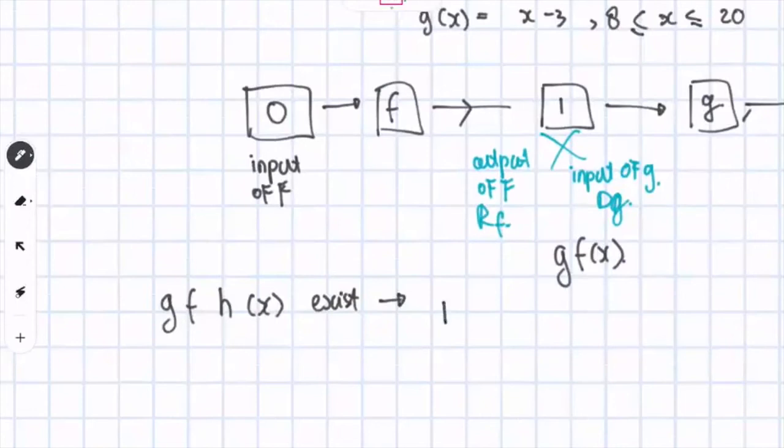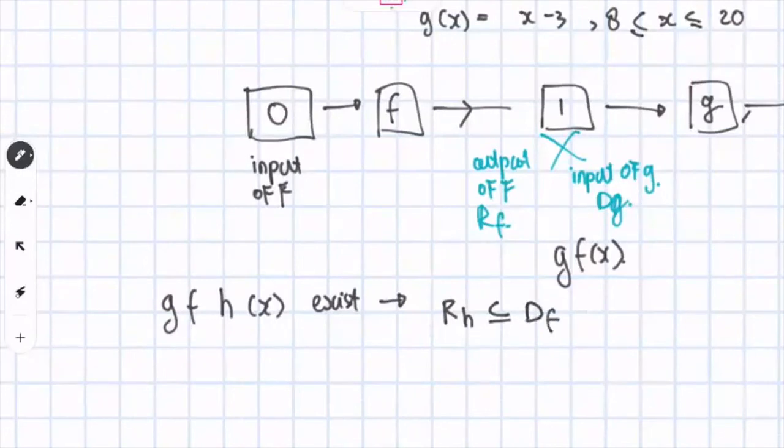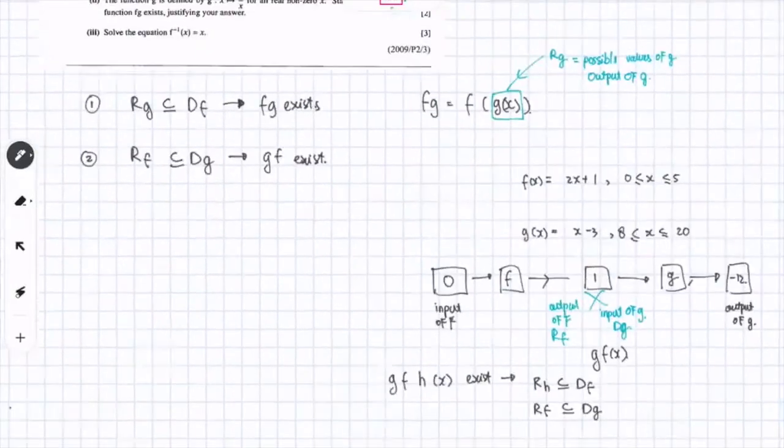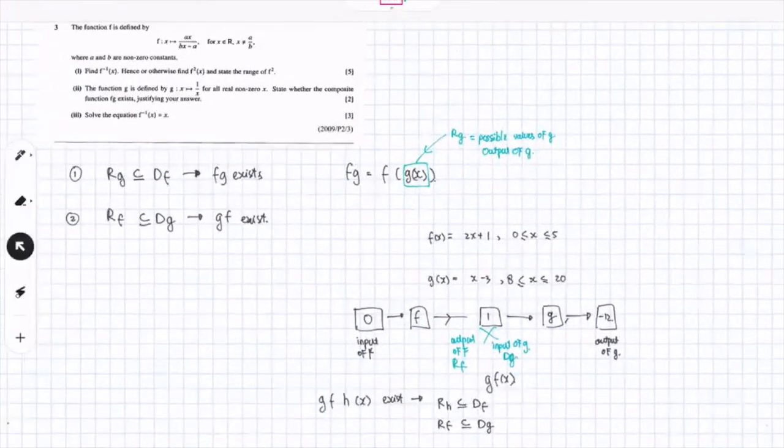The range of H needs to be a subset of DF, and the range of F needs to be a subset of the domain of G.